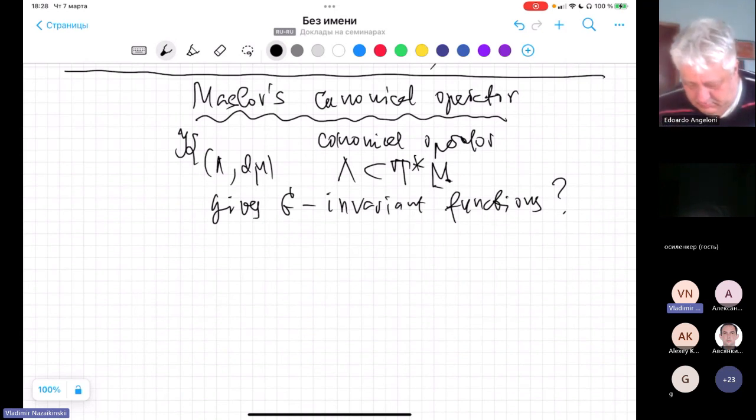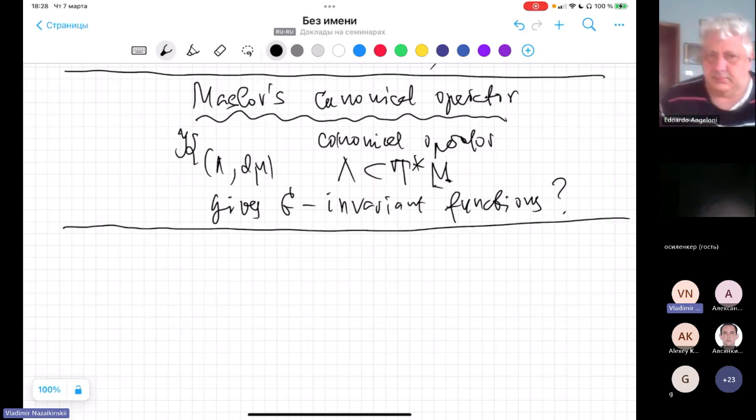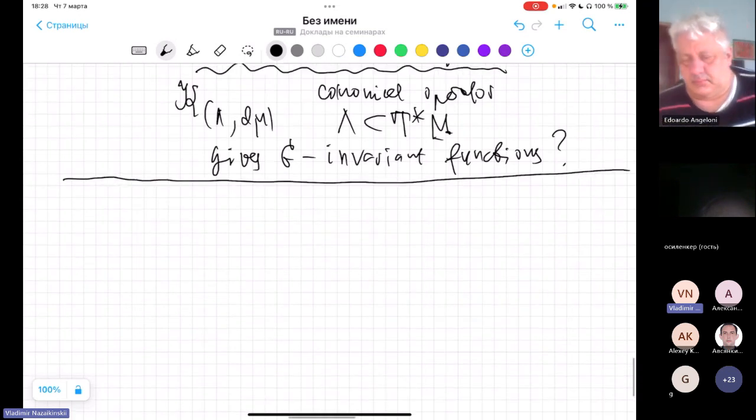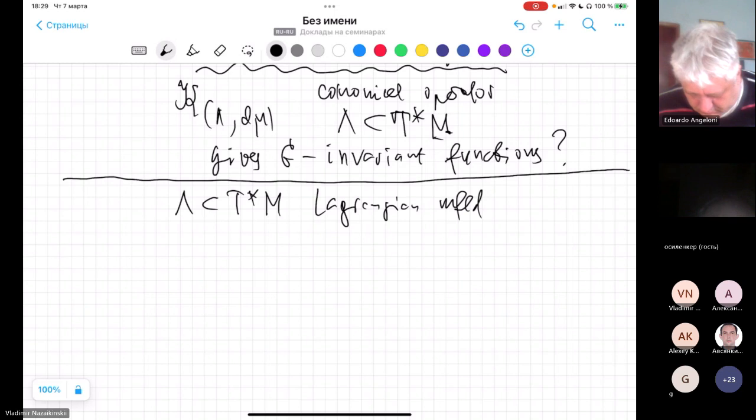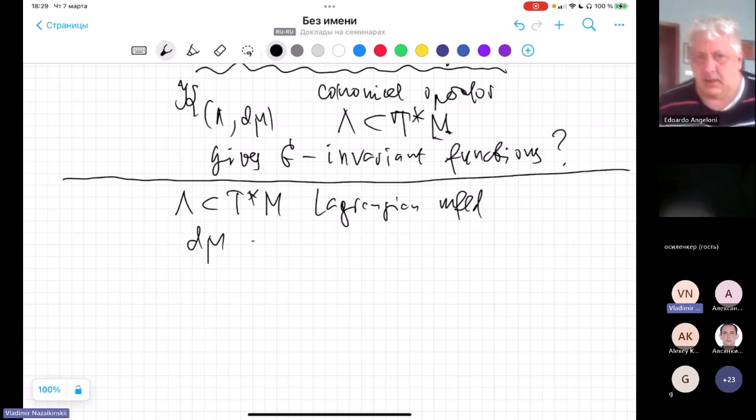Well, so let me recall some basics of the construction of the canonical operator, which will be needed here. So what do we need to construct the canonical operator? First, we need a Lagrangian manifold in T star M. We must have a volume form.